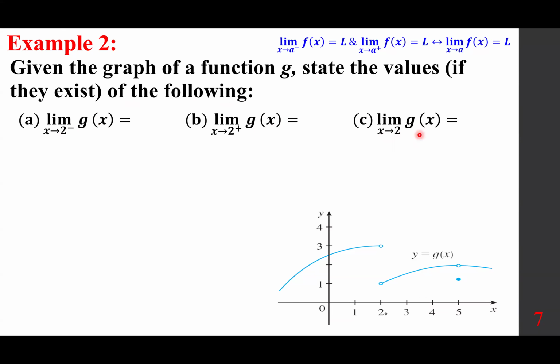So from the left, here's number 2. From the left of number 2, we approach it this way, which means we are moving towards this point. The y coordinate is 3.